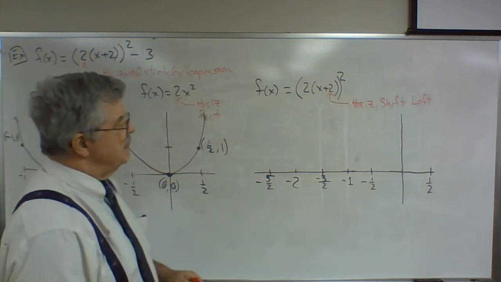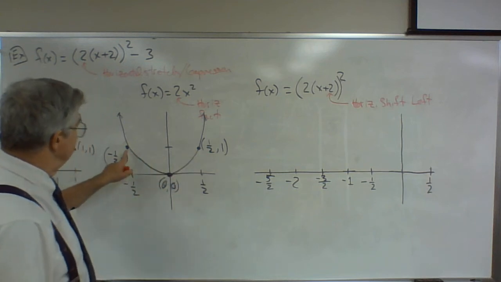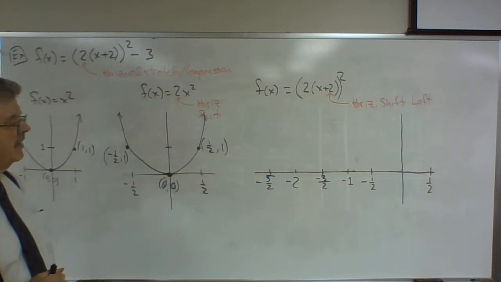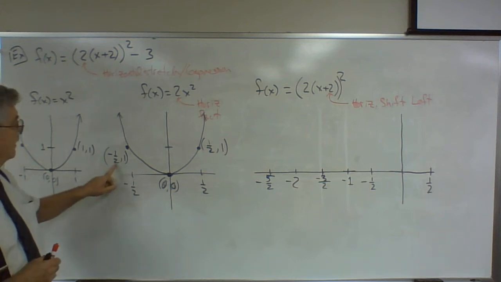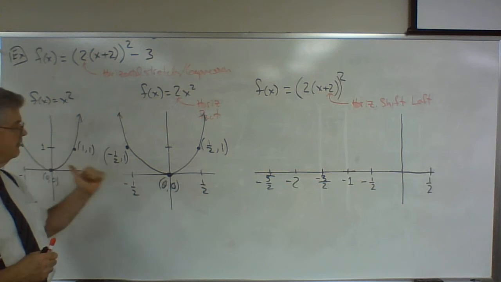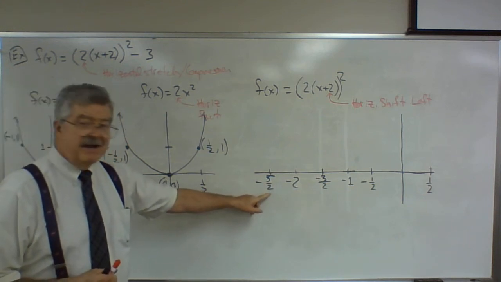You know, I guess before I started drawing this graph, I should have taken this point and this point and just figured out where the x coordinates went. If I take this x coordinate and go 2 units to the left, let's see, -1/2 minus 2, that's -5/2.